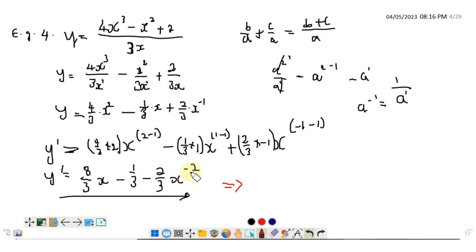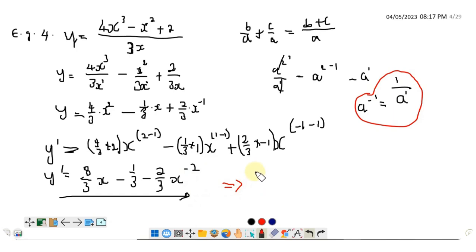To write this as a positive is just going to be 1 over x to the power 2. If we have a to the power negative 1, to make it positive, we'll just say 1 over a to the power of that exponent, but now it's positive. So we'll only change this part. The rest are fine.